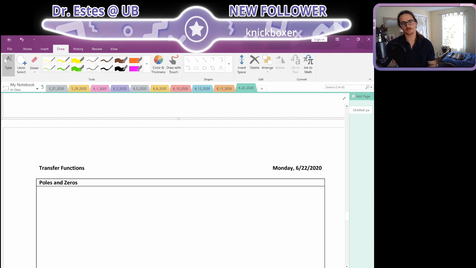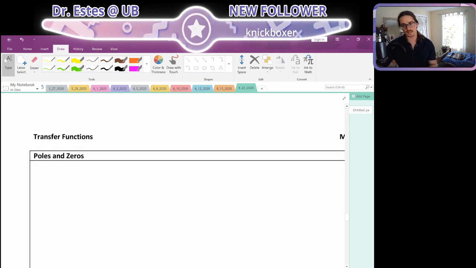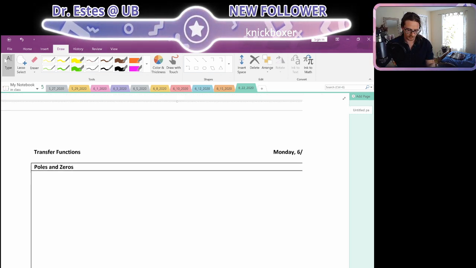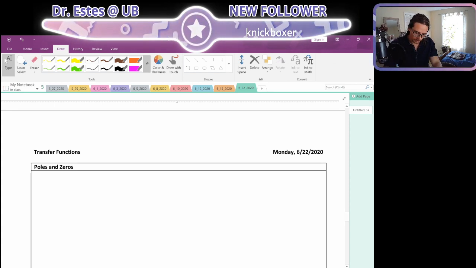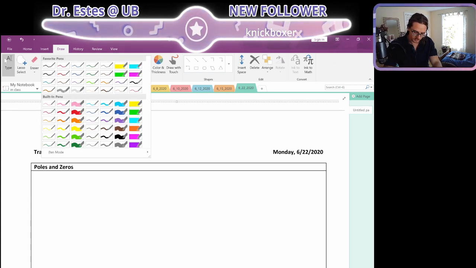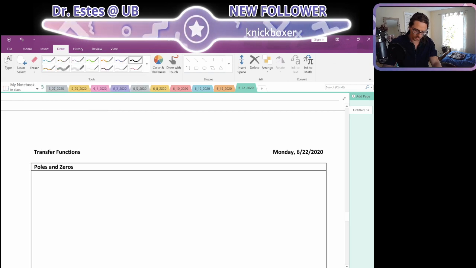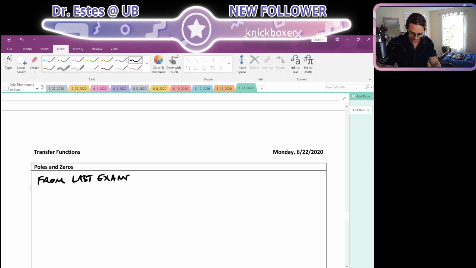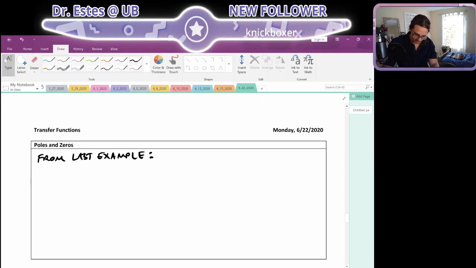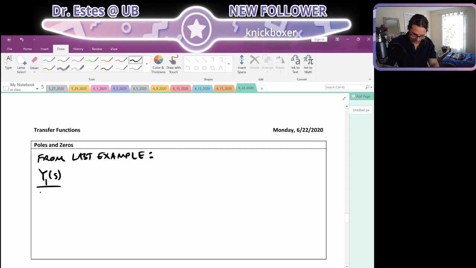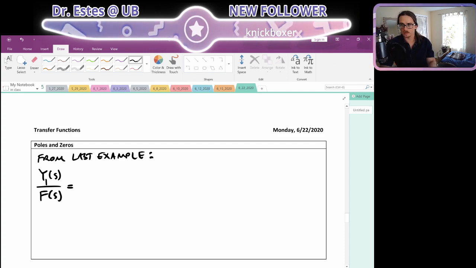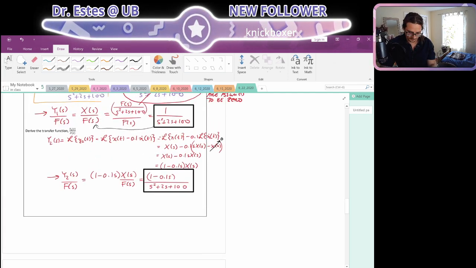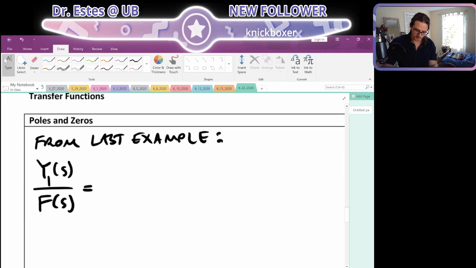Once you start working with transfer functions, you're going to hear about poles and zeros. To talk about poles and zeros, I want to bring over the transfer functions that we just derived. From the last example, y1 of s over f of s is 1 over s squared plus 2s plus 100.